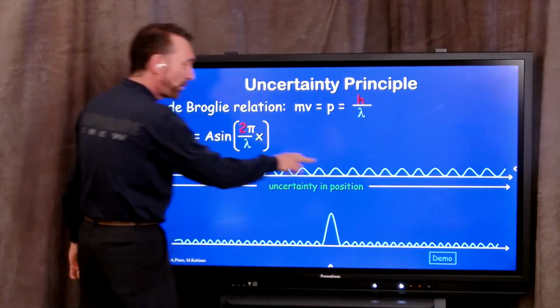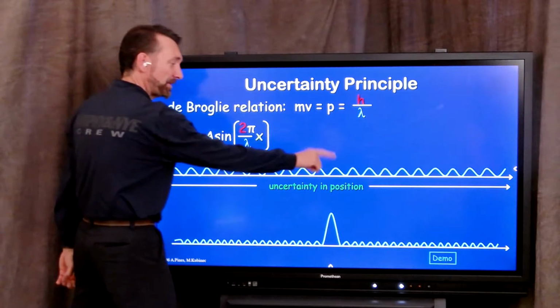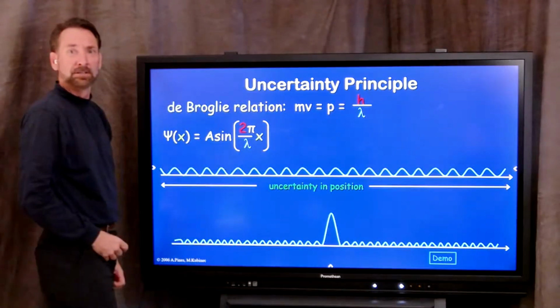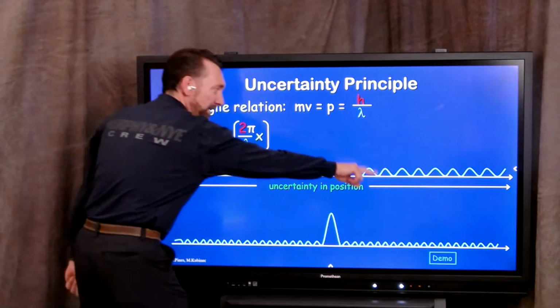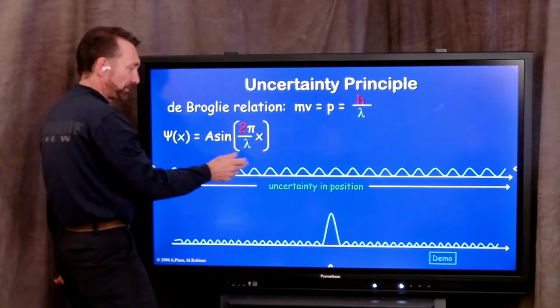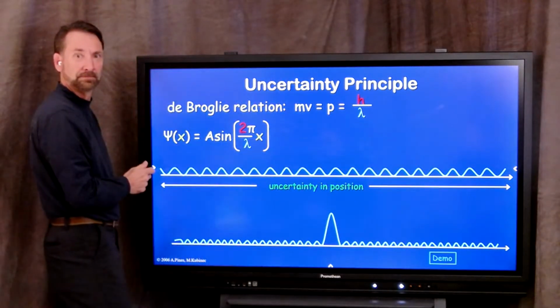But if you ask where is the particle? Remember, that's proportional to the amplitude squared. And the amplitude squared is the same all along this. So you have an equal squared amplitude along this whole region.